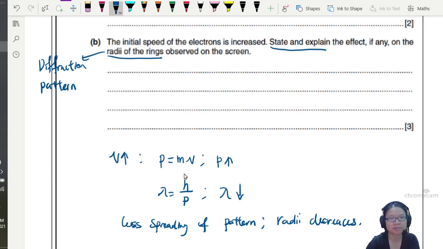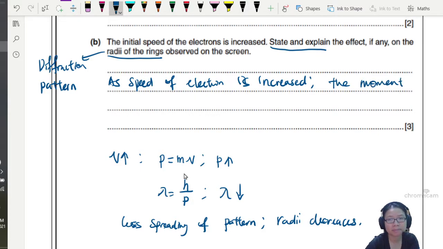Let's state first. As speed of electron is increased, the momentum increases.